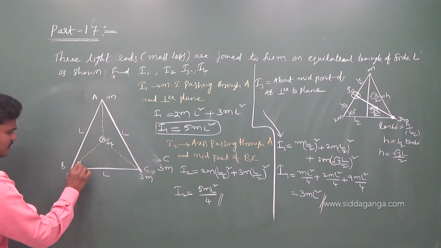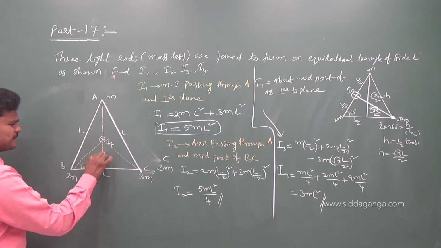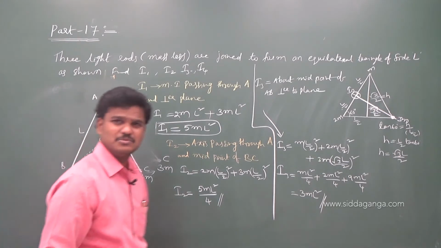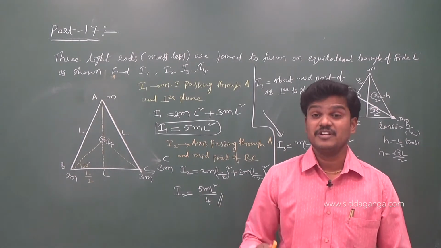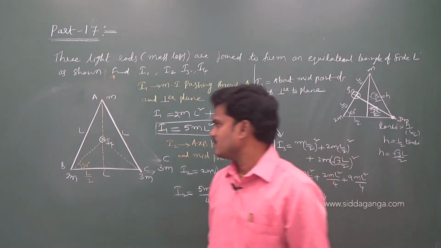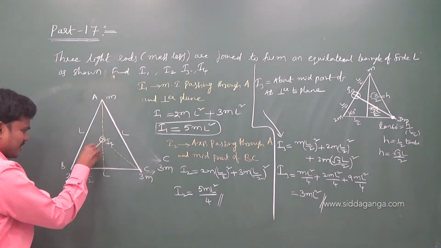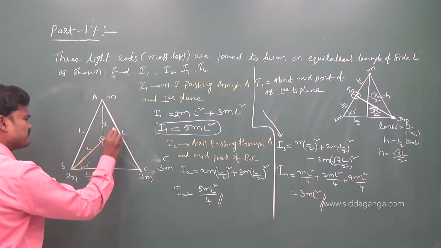Total angle is 60, so shall I take this as 30 degrees? You can use the Pythagoras theorem to get the distances. We can divide in a 2:3 ratio, as you know. Here it is L by 2, and the target is to get this x value. So let me take this as x.